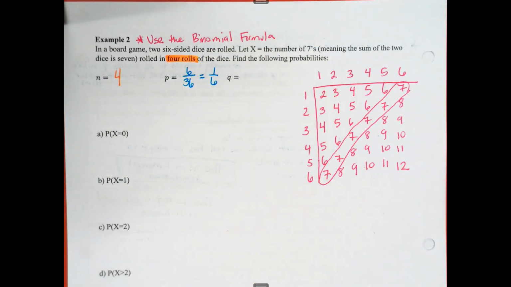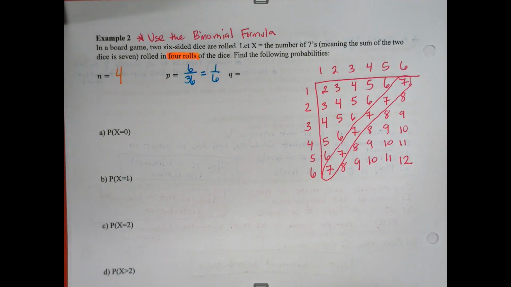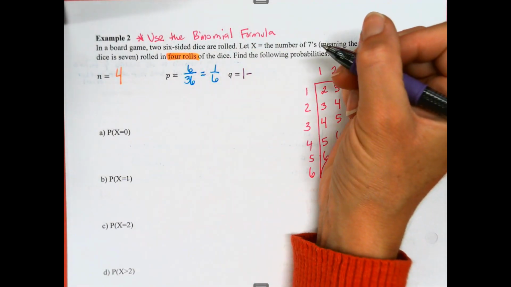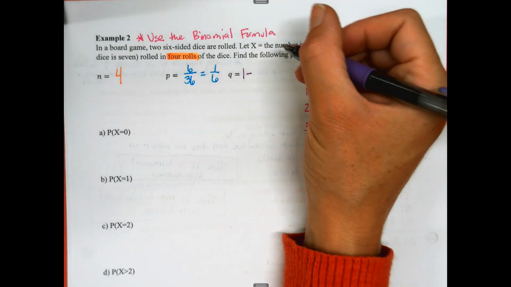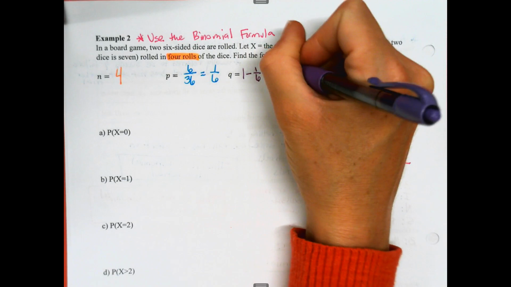We don't want to write it as a decimal because this is a non-terminating decimal and we want to use the entire thing, not a rounded value. So we're going to leave it as a fraction. And then Q is going to be 1 minus the probability of success. 1 minus 6 over 36, or 1 minus 1/6, is going to give us 5/6.